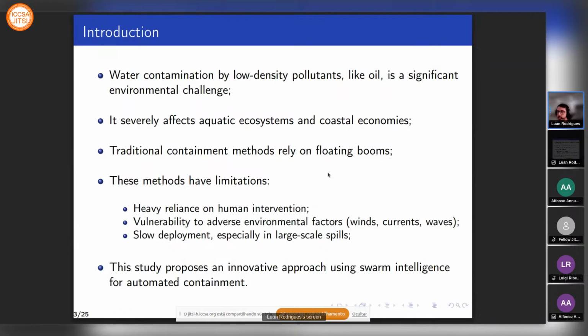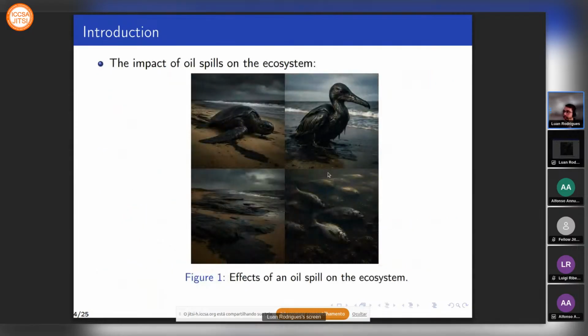These methods have some limitations: the reliance on human intervention, the vulnerability to environmental effects like winds, currents, and waves, and especially the slow deployment for large oil spills. So this work proposes a way to automatically contain this pollutant in the water.